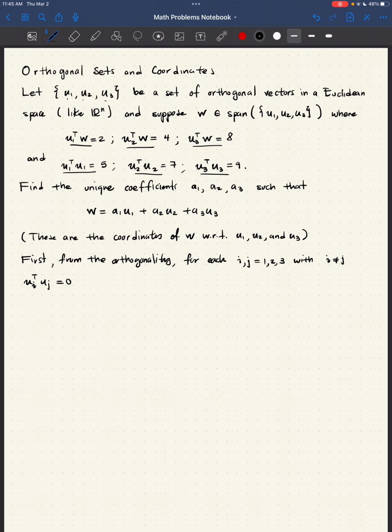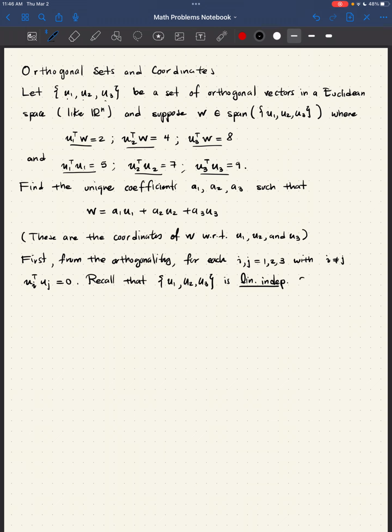Well, recall that u1, u2, and u3, being an orthogonal set, is also linearly independent. There will be a subsequent video where we mention this connection explicitly.